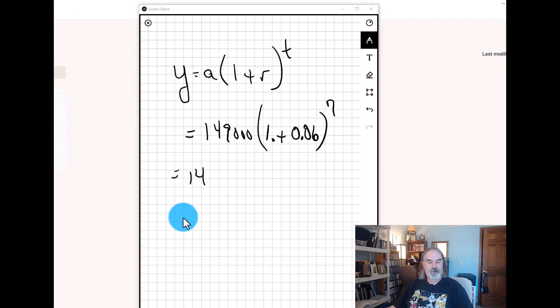So 149,000 times 1.06 raised to the 7th. Number machine, 149,000 times 1.06 to the 7th.